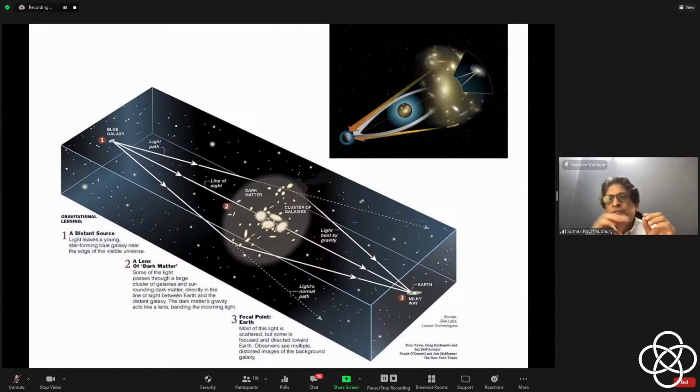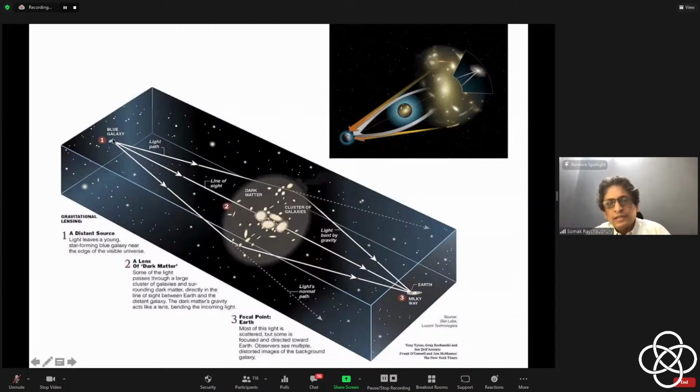And in Newtonian physics, of course, light could not have bent because light doesn't have mass. But here, light rays follow the geometry of space-time, and so it can actually bend near massive objects. Clusters of galaxies are the most massive objects. This can happen for stars, for galaxies, or whatever.